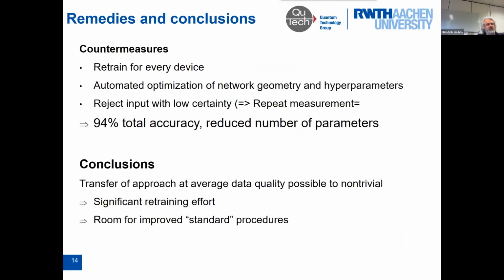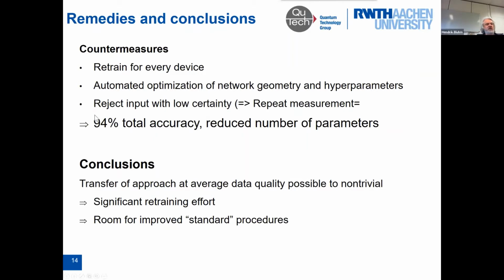And well, we then tried to optimize that a little bit. One aspect was this retraining. We used an automated optimization of the network geometry and hyperparameters using an appropriate optimizer, and then also introduced a rejection of input with low certainty, which I think is allowed because if you find a data set that cannot be classified, it's always possible to repeat the measurement at moderate cost.